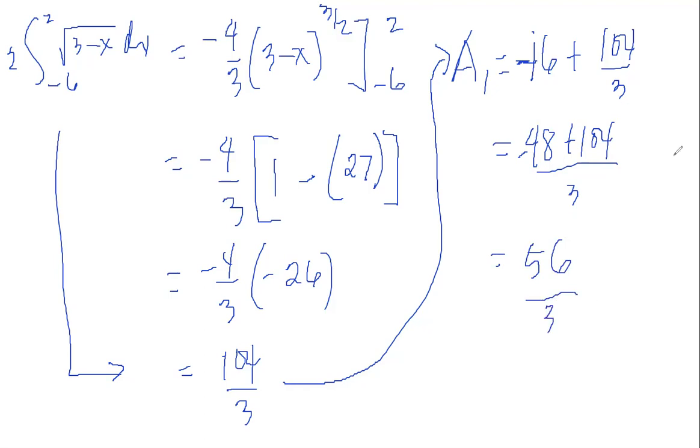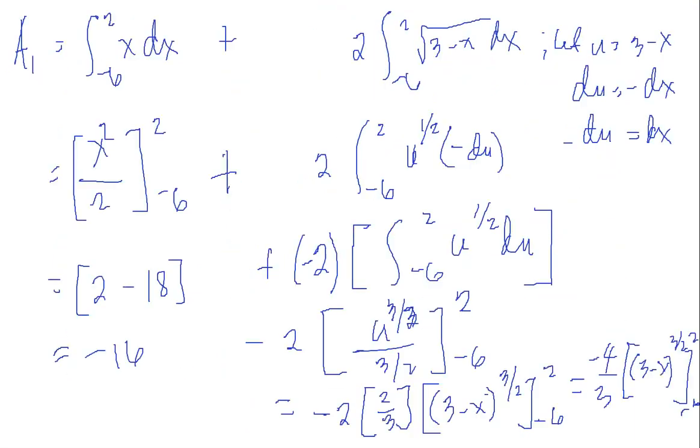So is it correct? Oh, sorry. 10, 56 over 3. Yeah, that's right, 56 over 3. So that's a sub 1. This is just our a sub 1. Okay, let's enclose this by a red. A sub 1. Okay, now we just got a sub 1 here.